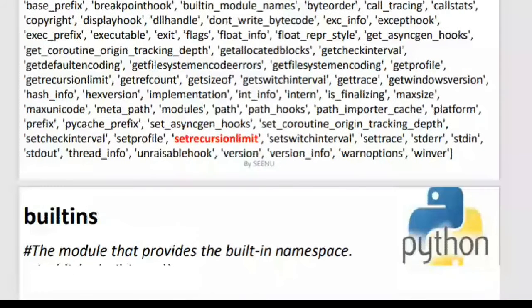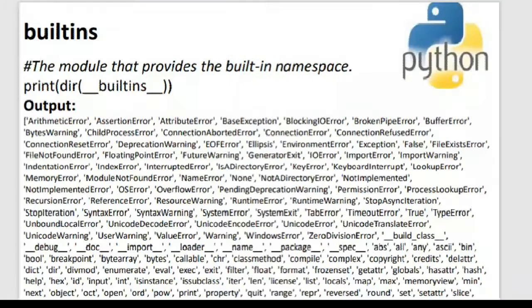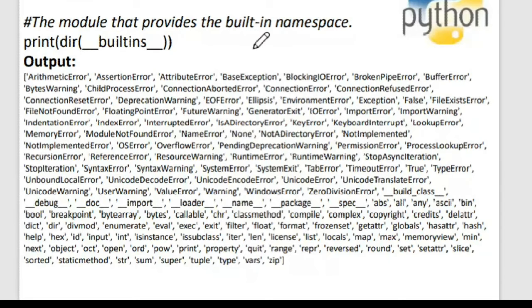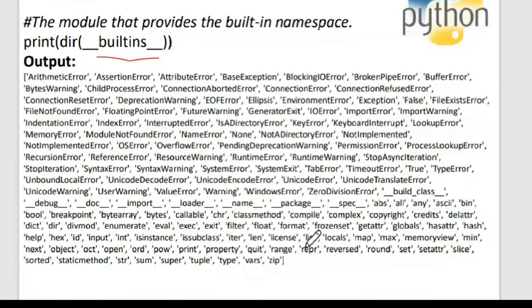In case I want to know what are all the identifiers that provide the built-in space, I can use underscore underscore builtins, which is a module I already told you. If I pass this, you can see all the identifiers that your Python uses internally. You can see frozenset over here, map, range, and so many things.